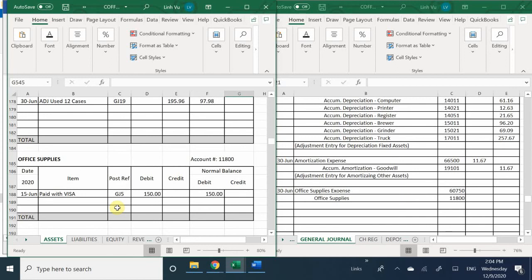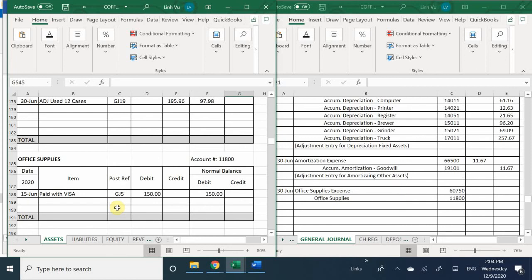We're gonna review real quick. On the 15th of June, we decided to just buy office supplies. We weren't specific on what it was. It could be pens, paper, printer paper, because we need to print our invoices or purchase orders. We bought paper, we bought pens to write things down.